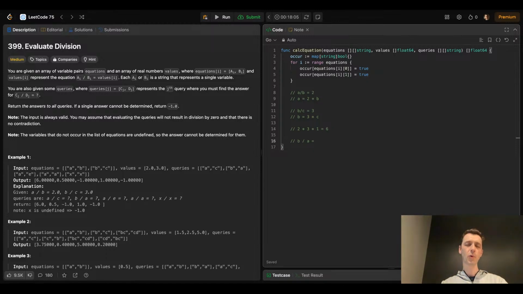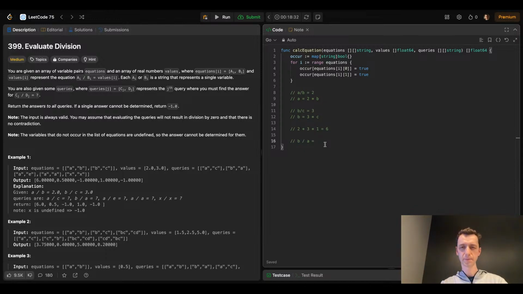Yeah, that's the proportion, B divided by A. We invert it.